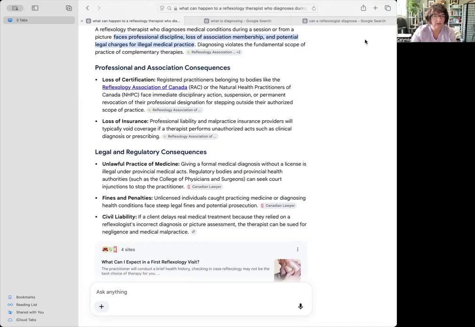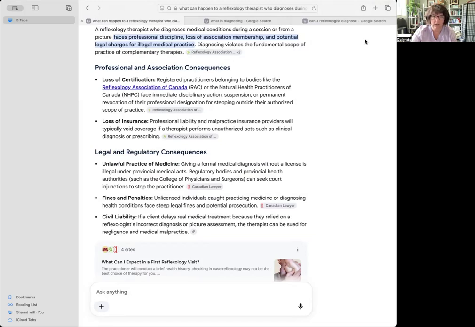Legal and regulatory consequences. Unlawful practice of medicine. Giving a formal medical diagnosis without a license is illegal under provincial medical acts. Regulatory bodies and professional health authorities, such as the College of Physicians and Surgeons, can seek court injunctions to stop the practitioner. Fines and penalties.